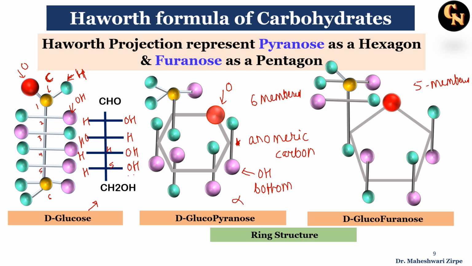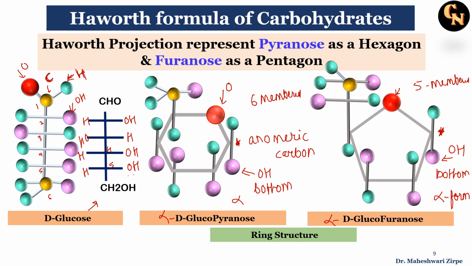Similarly, furanose also, here you can see from oxygen, this carbon is your anomeric carbon. The OH is again at the bottom, so it is again alpha form. So both these structures are alpha-D-glucopyranose and alpha-D-glucofuranose.